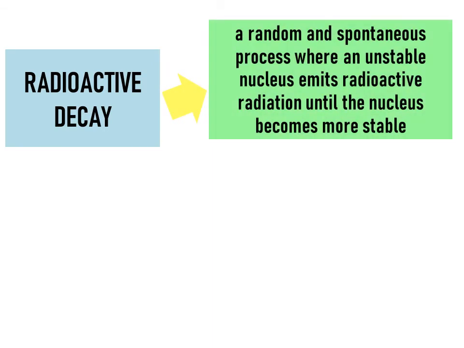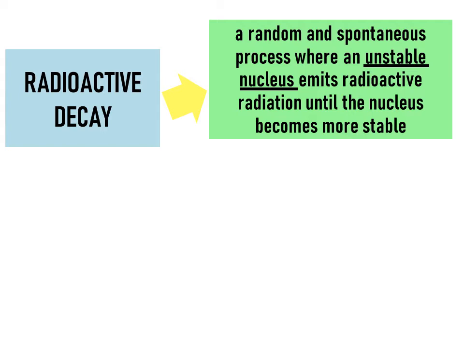Okay, I'm sure you have learned about radioactive decay in the previous subtopic, but let's just recall your knowledge here. What is radioactive decay? Radioactive decay is a random and spontaneous process where an unstable nucleus emits radioactive radiation until the nucleus becomes more stable.